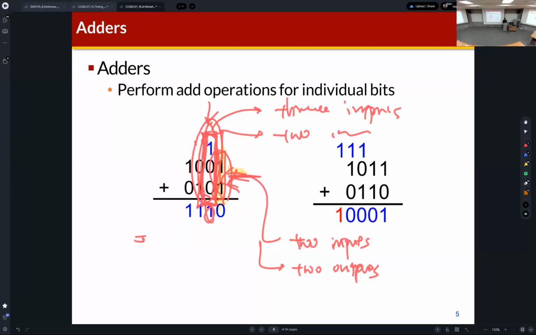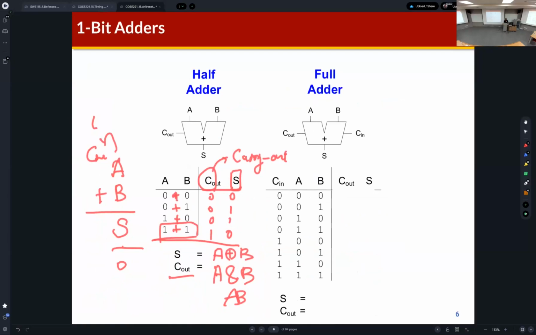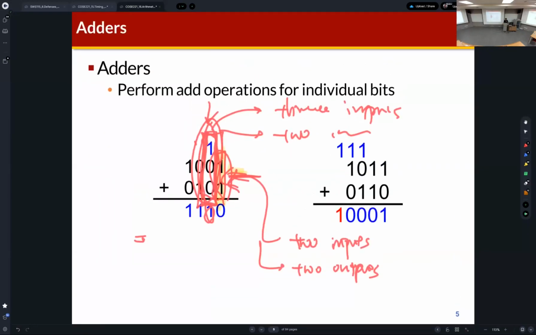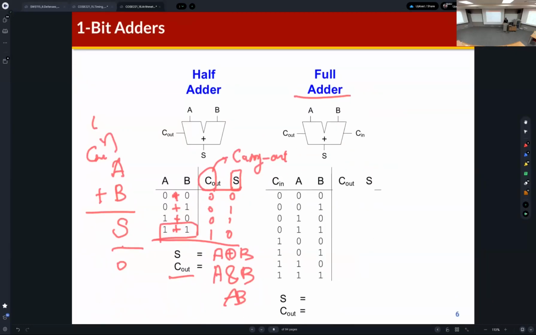So this is the general adder, because if we look at the add operation, only this digit requires two inputs, but other digits require three inputs, right? The carry from the previous digit.